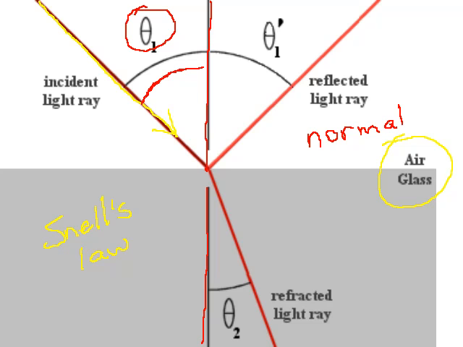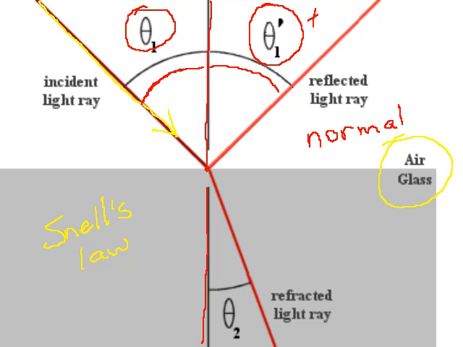So the incident light comes in, travels toward the place where the air and the glass meet. It strikes the glass, and that light beam gets reflected. So we have light coming in, light going out. Notice the light ray going out has an angle with the normal, and it has a name.